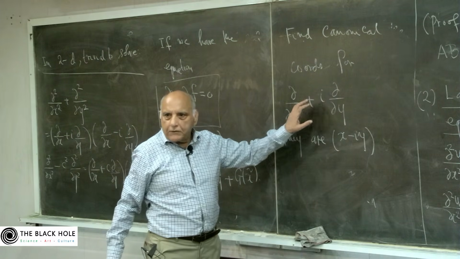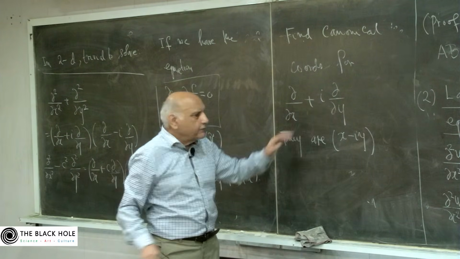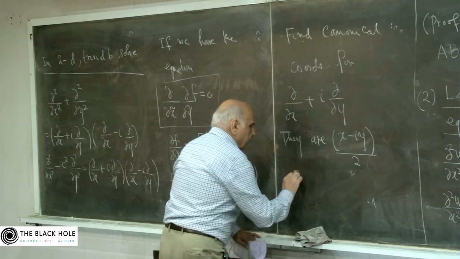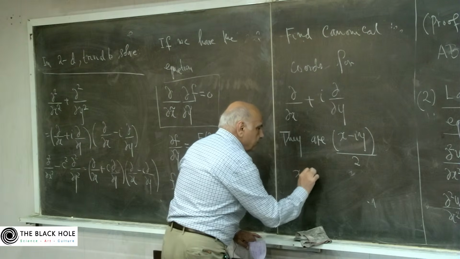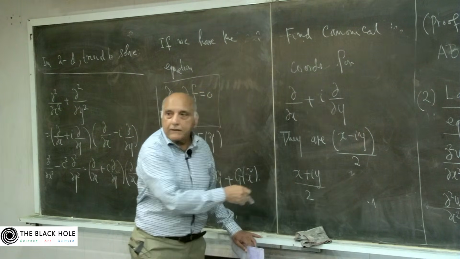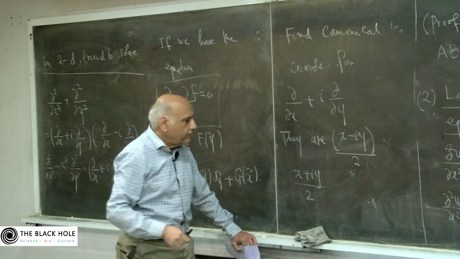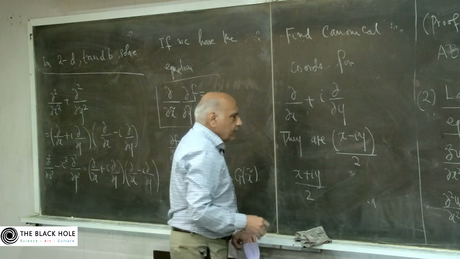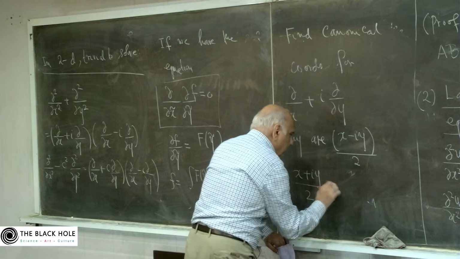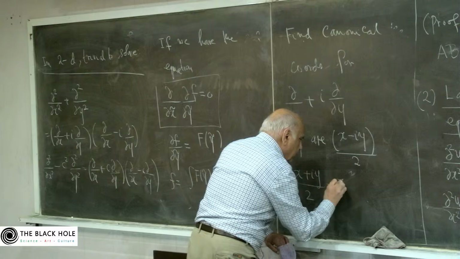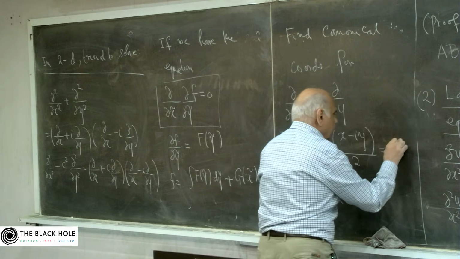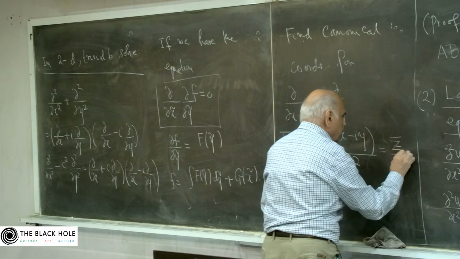You get 1 plus 1, so divided by 2, right? And when I apply x plus iy, you get 0, okay? So in complex analysis, this is z by 2, and this one is z conjugate by 2.